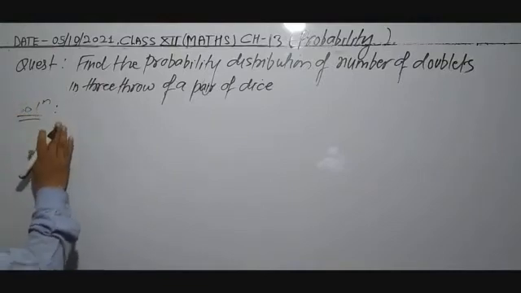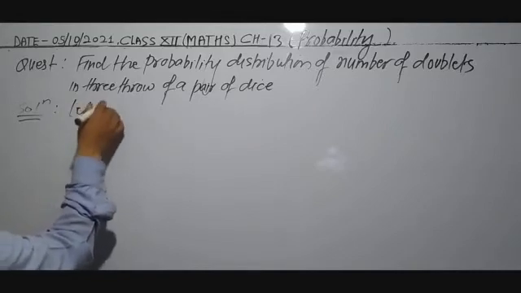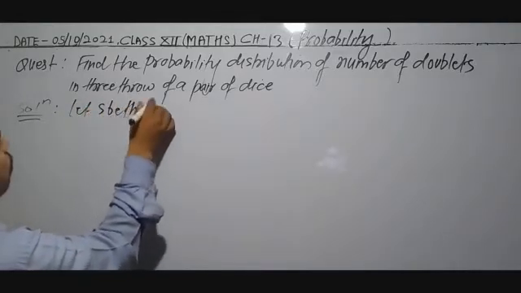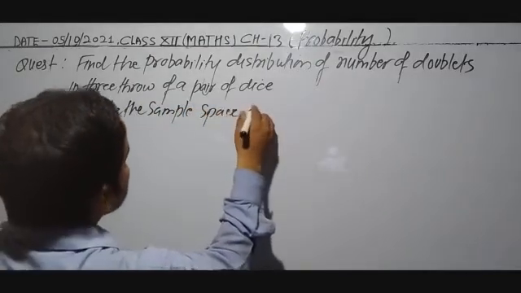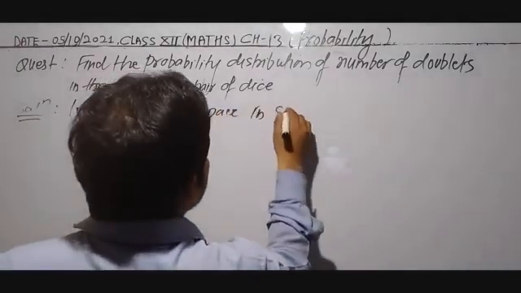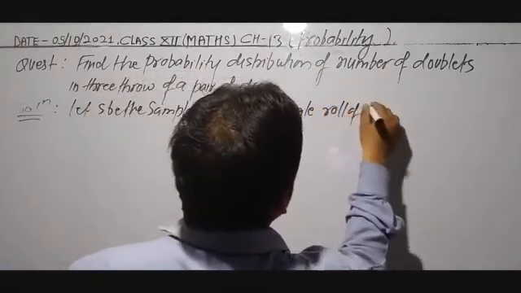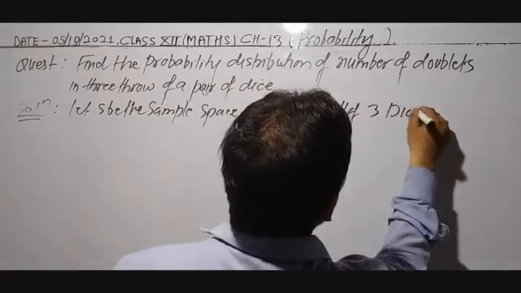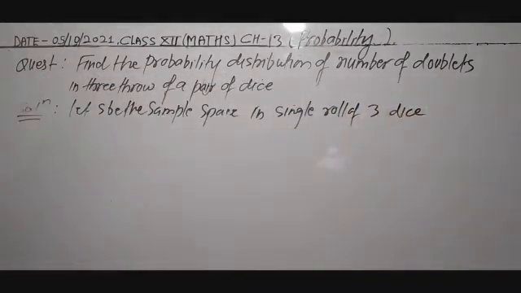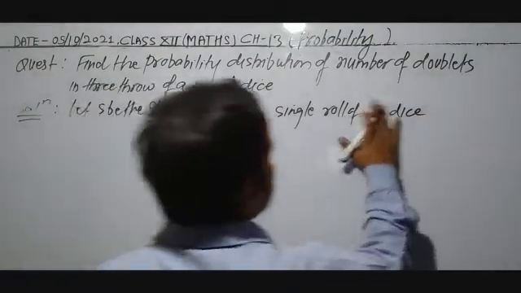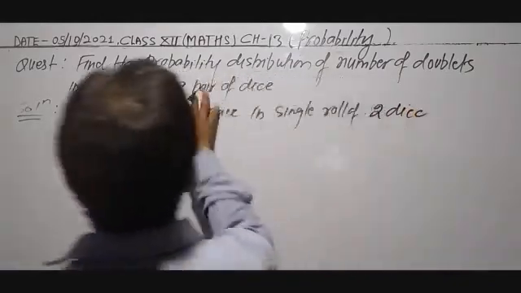Let S be the sample space in a single roll of 2 dice, because this is a pair of dice.